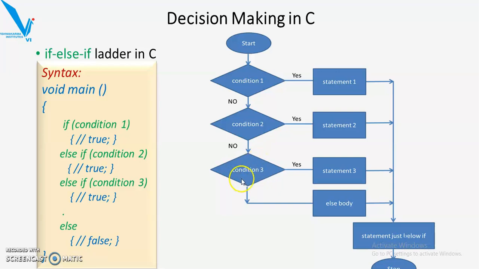If condition 3 is satisfied, it is going to execute the statement written in condition 3. And if all the conditions fail, by default it will go to the else body, and whatever statement is written inside the else body is going to be executed. So that is the flow diagram of the if else if ladder.